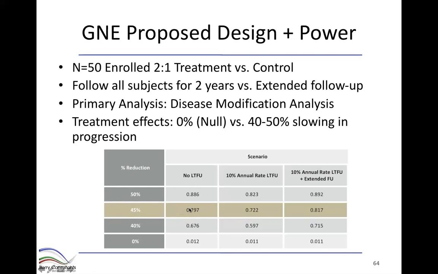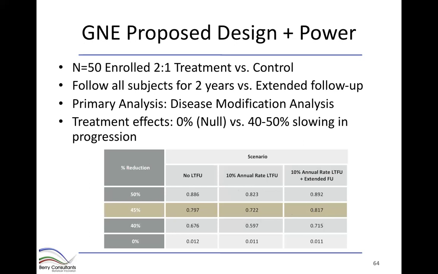We can also learn things from these simulations, such as what if we had 10% of annual rate loss to follow-up? So what if a lot of people were dropping out of the study? Well, this would take that 80% power and reduce it to about 72%. And instead, what if we have that still 10% annual loss to follow-up, but allowed extended follow-up?